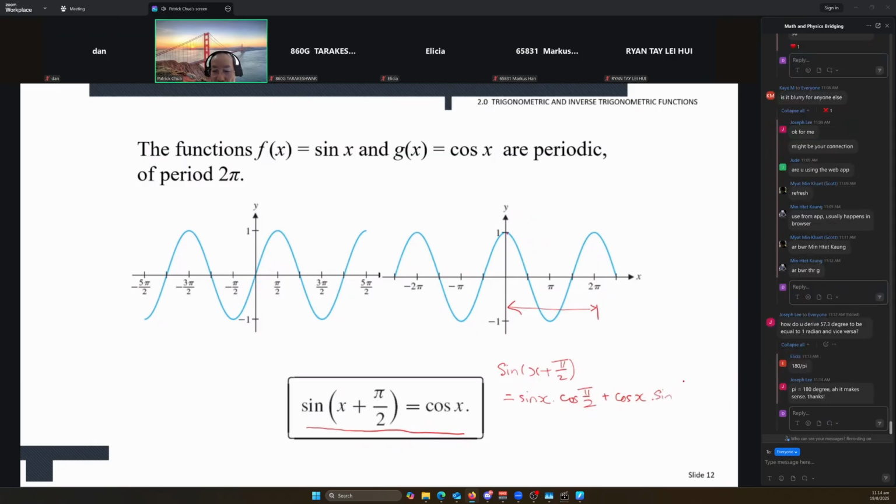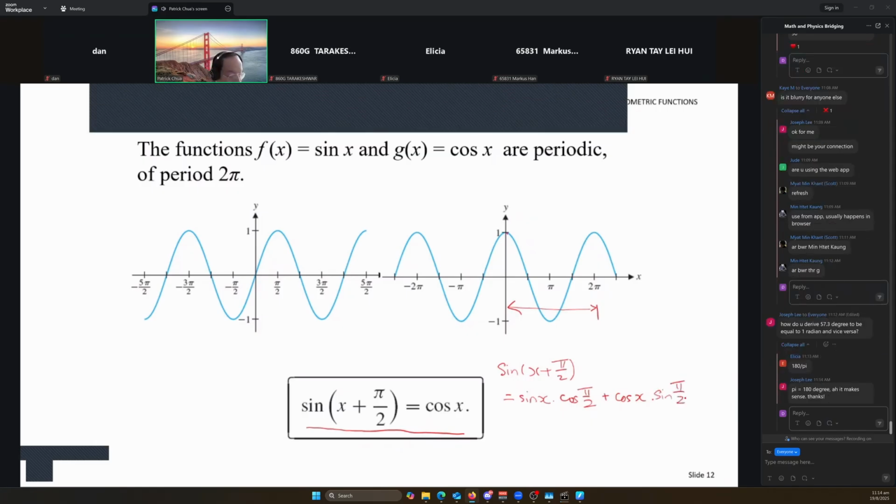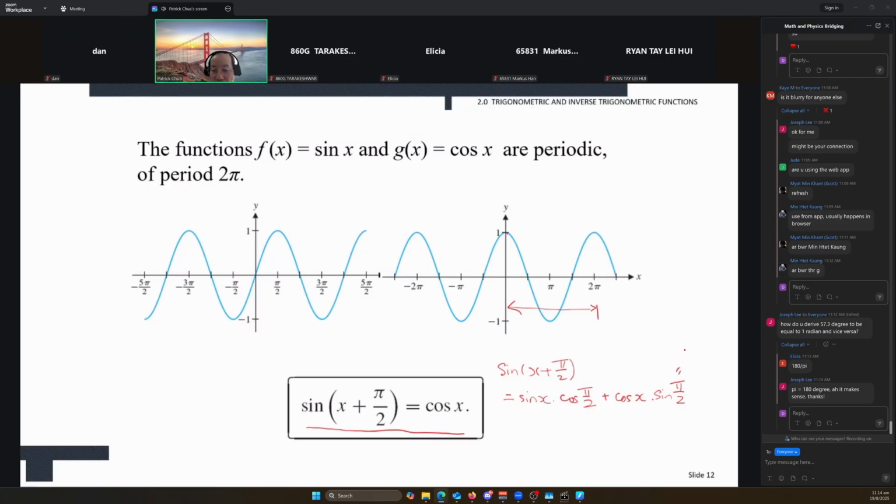We expand it using the identity. So sine of 90 degrees is equal to 1, and cosine of 90 degrees is 0. So you end up with cosine x. So you see the phase shift between the sine and cosine waveform is pi over 2, 90 degrees.